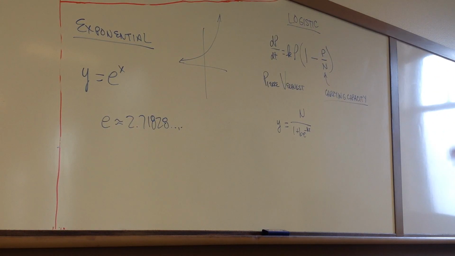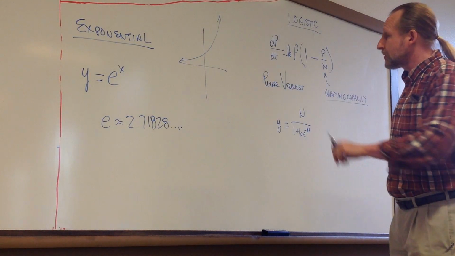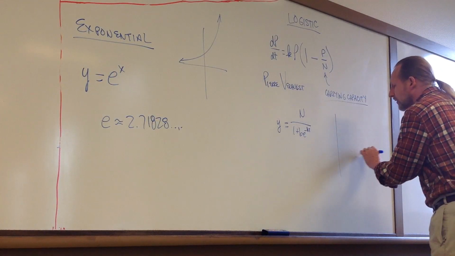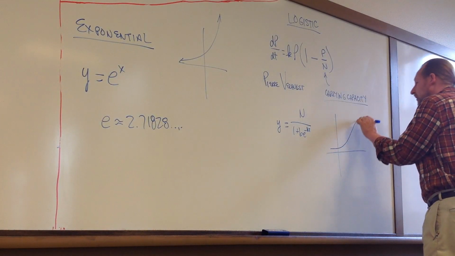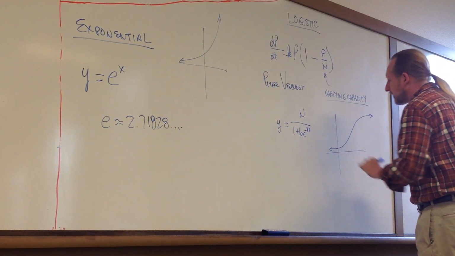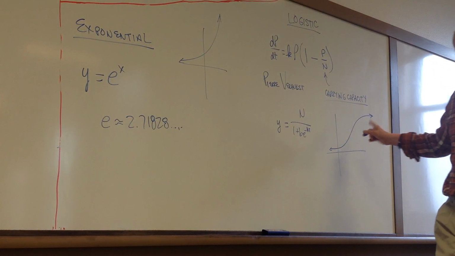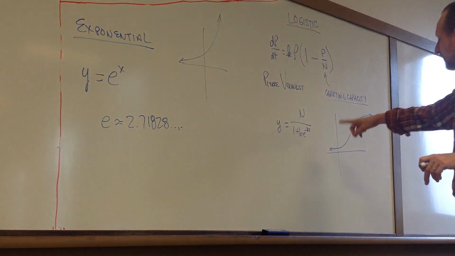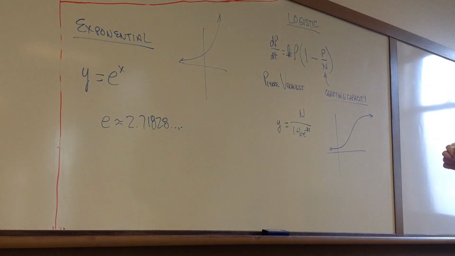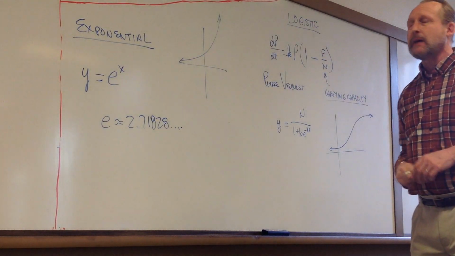Okay? So we'll look at some examples of logistic growth. The standard curve for a logistic growth curve looks something like this. And so we'll see this shape, this kind of lazy S shape, when we see some examples of logistic applications.